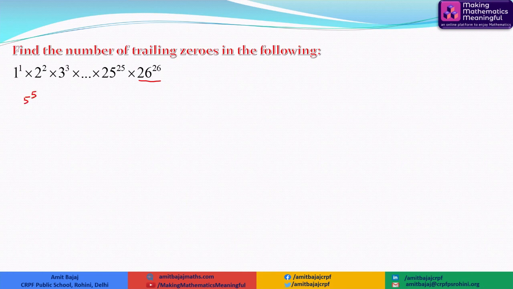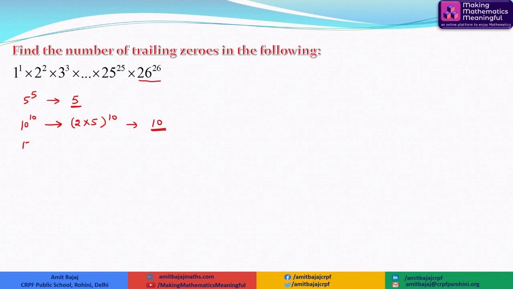So the first term which will give us zeros, 5 raised to the power 5, clearly will give 5 zeros. The next term in this product is 10 raised to the power 10, and this equals 2 into 5 raised to the power 10. So clearly it is giving us 10 zeros as there is a 5 raised to the power 10.